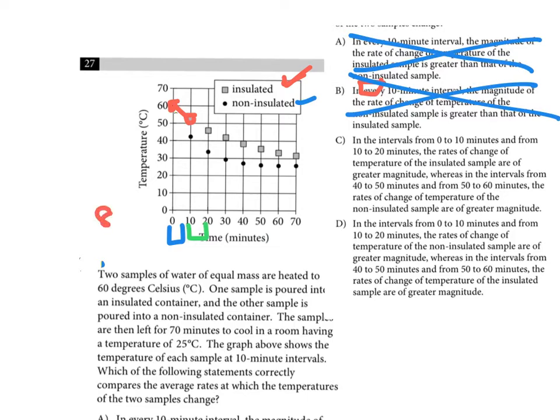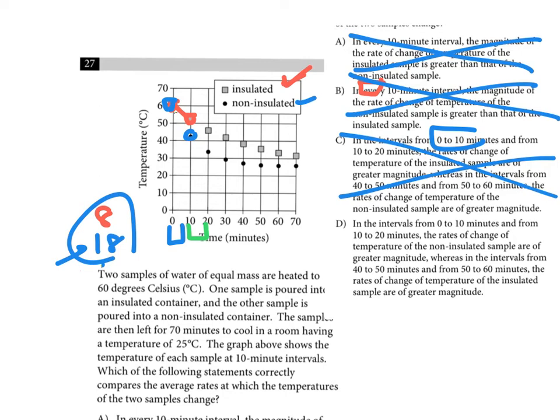If you compare that to the non-insulated, 60 down to about 42, that's 18. So in intervals from 0 to 10 and 10 to 20, the rates of change of the temperature of the insulated were greater. Actually, that's a contradiction right there. From 0 to 10, the non-insulated was greater. So that one's going to be incorrect. So I'm hoping by process of elimination, my answer is going to be letter D.